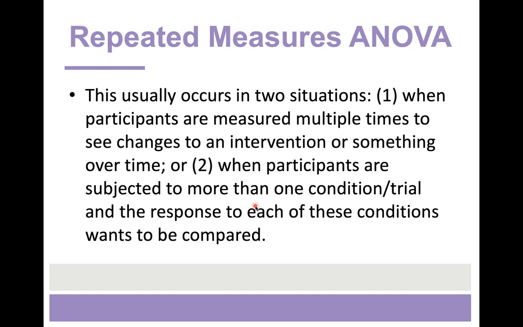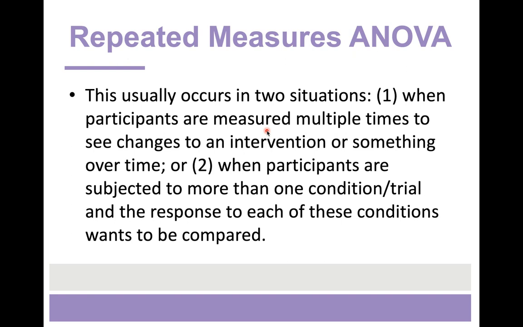This is going to occur in two major types of situations. The first is when participants are measured multiple times to see changes in an intervention or something that we're concerned about tracking over time. So we could think about time as the independent variable. Maybe we want to follow the progression of a disease.